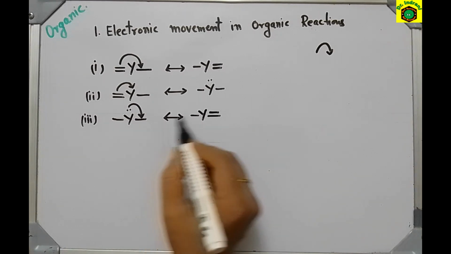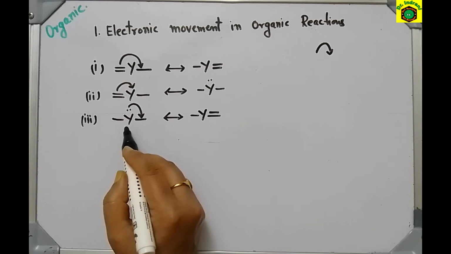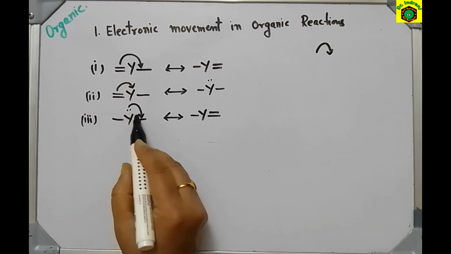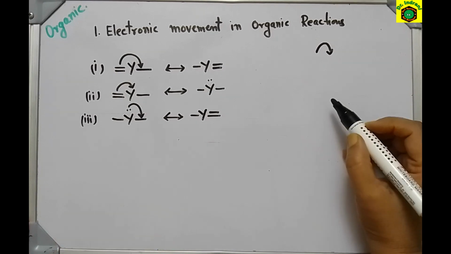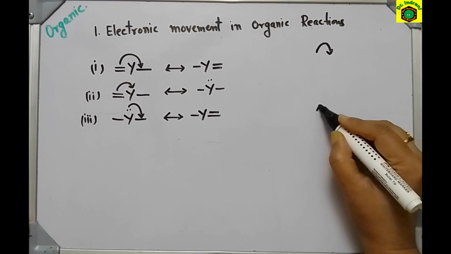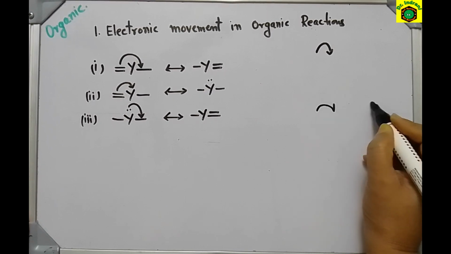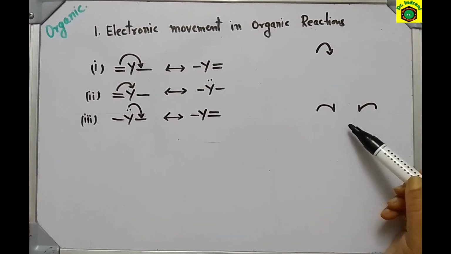So in place of a single bond we are getting a double bond. So now what is happening? From atom to adjacent atom, electronic movement is taking place. And movement of a single electron is shown by a fishhook arrow, meaning this one or this one, a half-headed arrow. This is a full-headed arrow, this is a half-headed arrow.